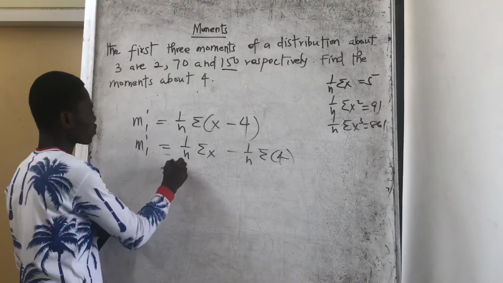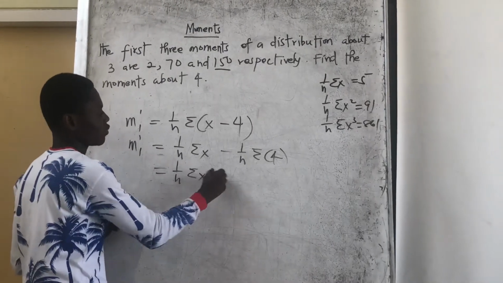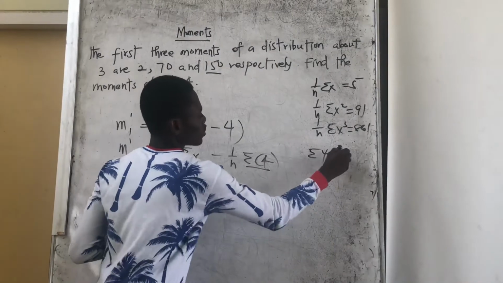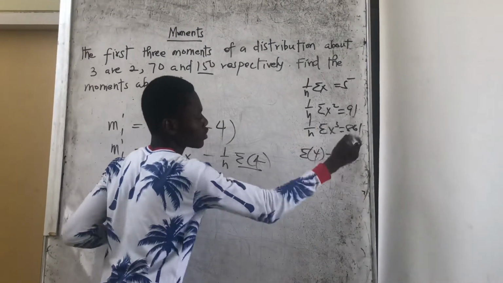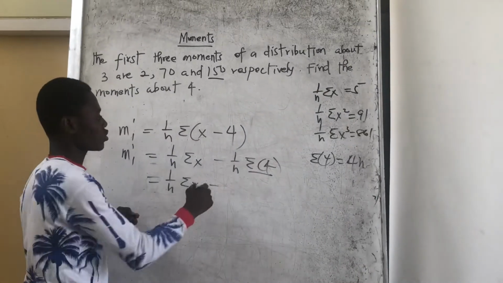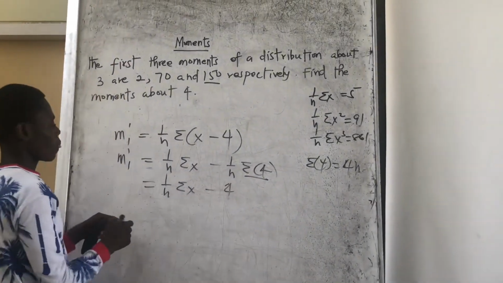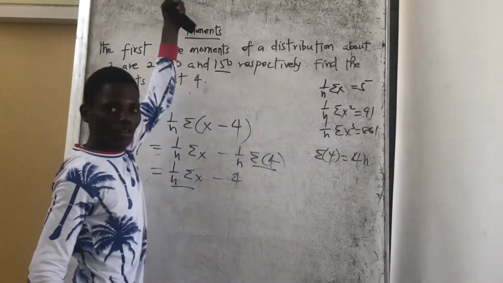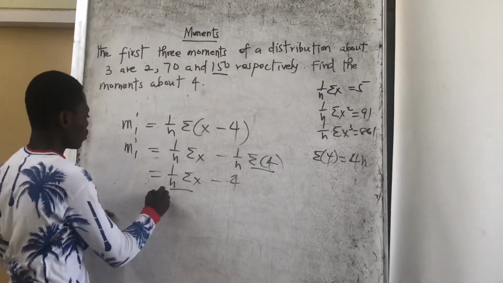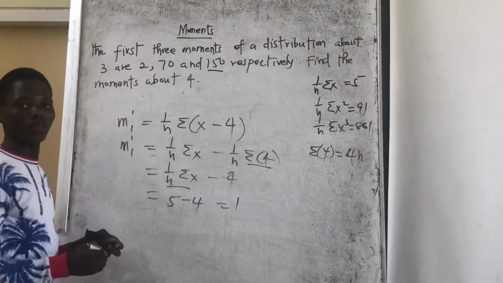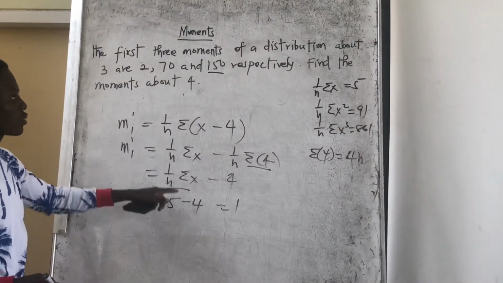This is sigma 4, which is equal to what? The number of 4s that we have, so 4n, where the n and the n will cancel, so we are left with 4. And this I calculated as 5 during the moments about 3. So this becomes 5 minus 4, which is 1.